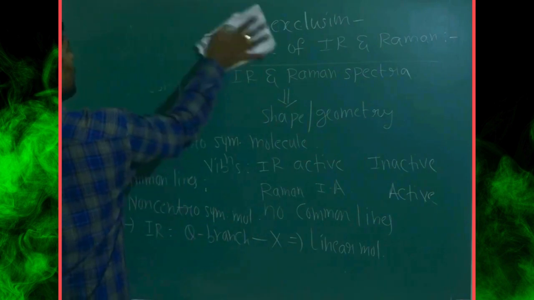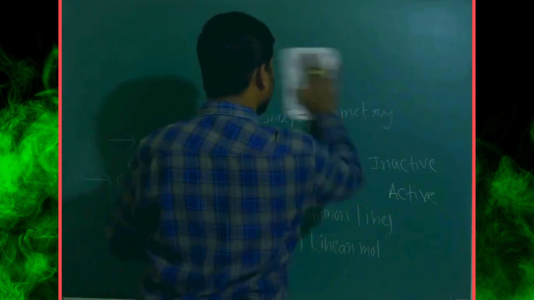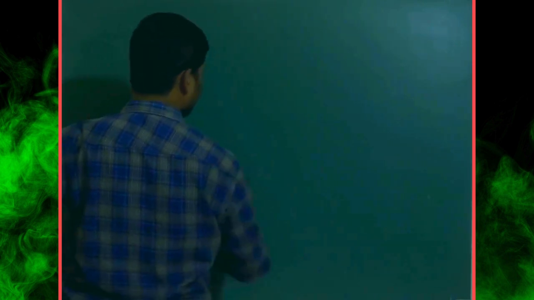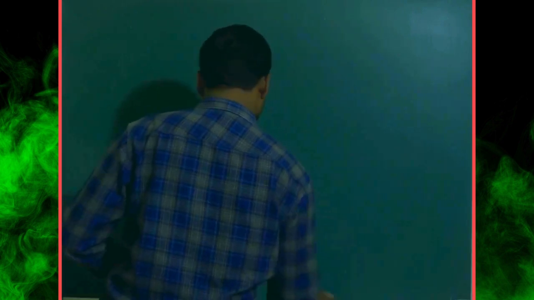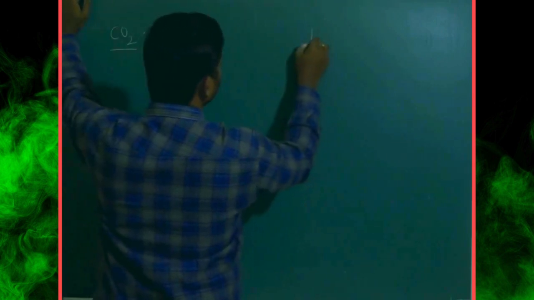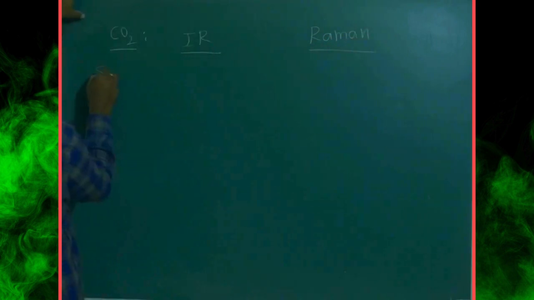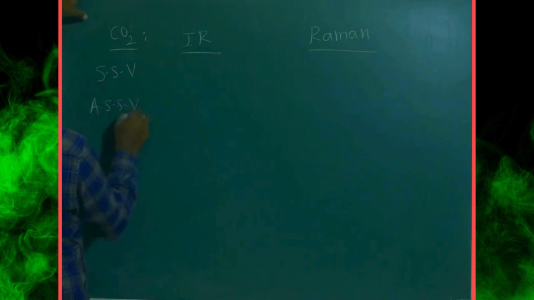This is called the rule of mutual exclusion, or complementary nature of IR and Raman. For example, if you take CO2, IR and Raman: we know symmetric stretching vibration, next anti-symmetric stretching vibration, next we have bending vibrations.